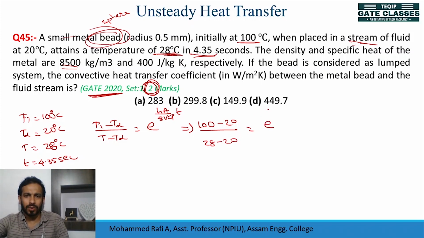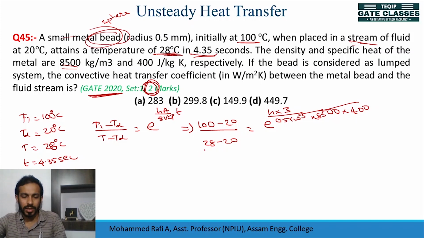H value is not given, we don't know. A divided by V will be 3 times R value. R is 0.5 into 10 to the power minus 3, and rho value is 8500, density. Cp value 400. Okay, so this is also a straightforward question.